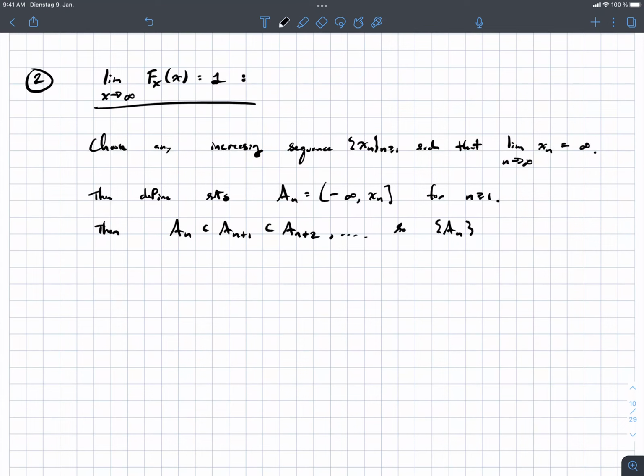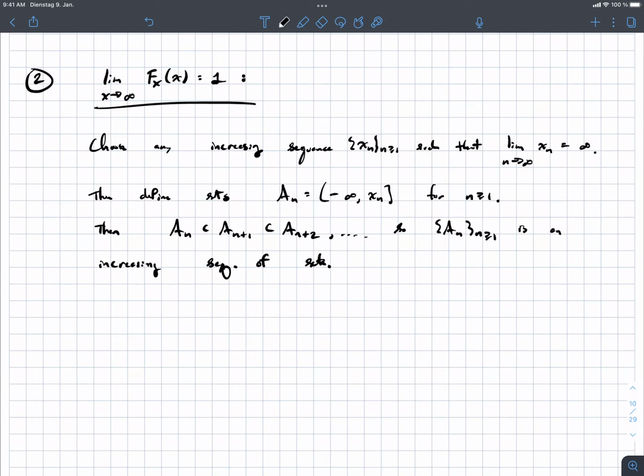So An, for n greater than or equal to 1, is an increasing sequence of sets.